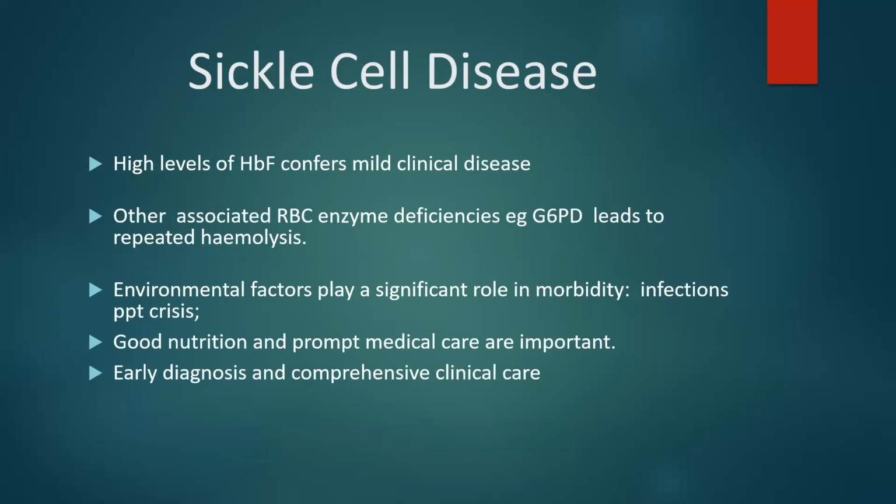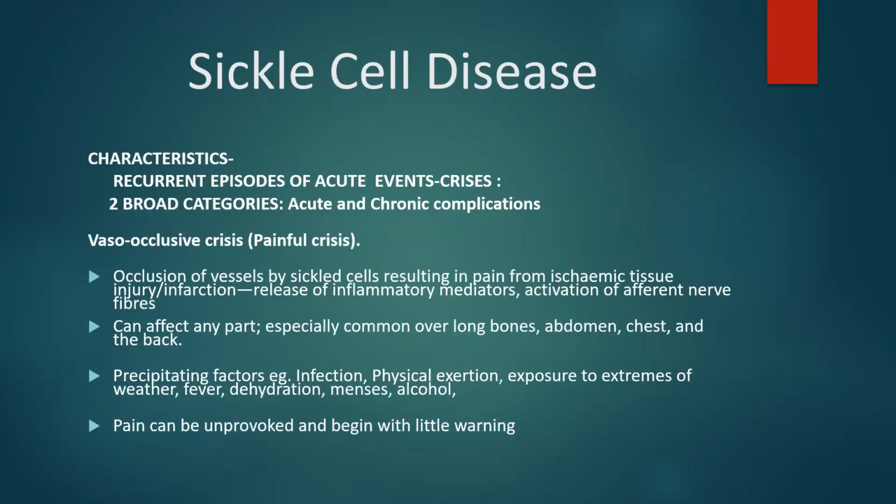There are other environmental factors too that may also worsen or increase the severity of the condition. Patients who have good nutrition may have less complication, or the crisis may not be that severe. Patients who are diagnosed very early and then managed very early may also have mild complications or symptoms as they grow up.